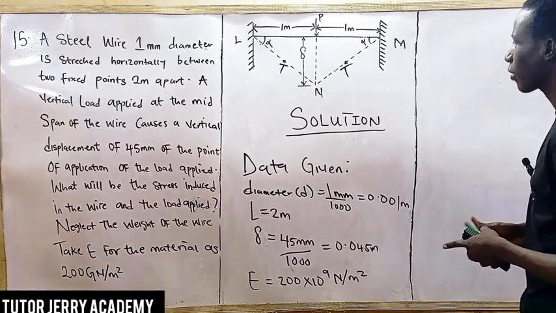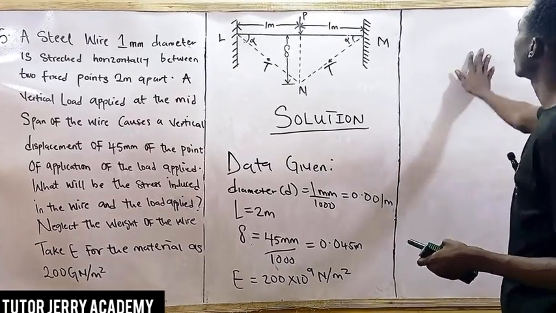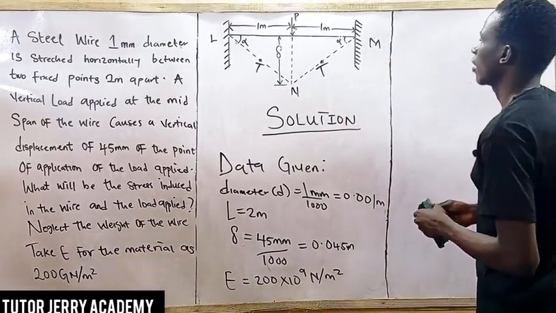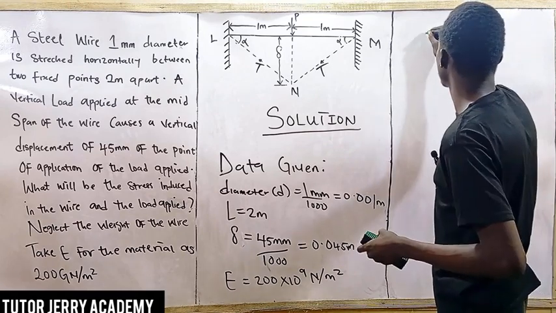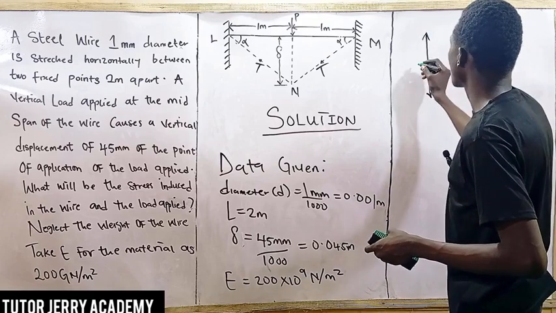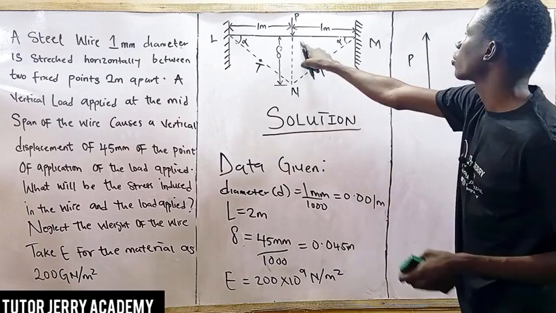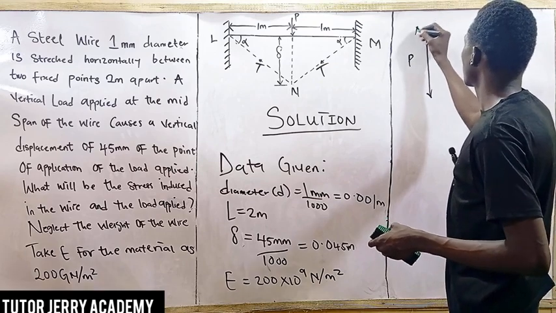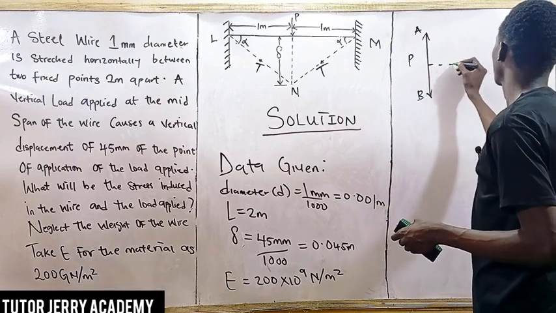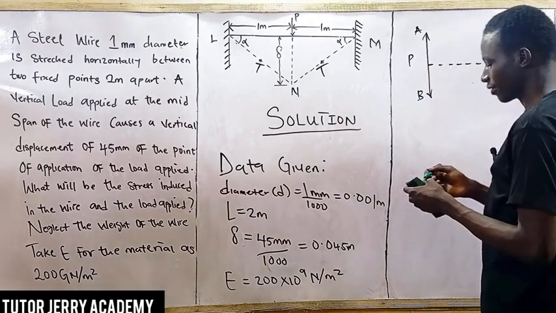So next, what are we going to do? I'm going to be drawing a diagram here from this one. I'll be drawing a line representing my load here. So this line is representing load P. Of course, I can call here to be A and here to be B. I will have my center line.